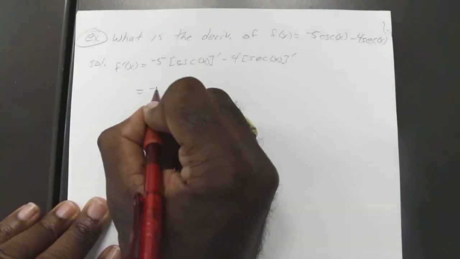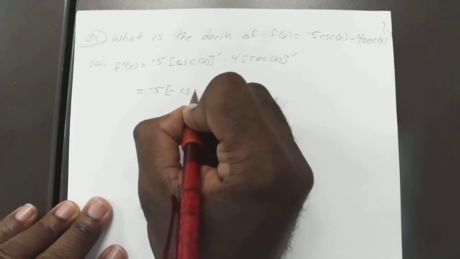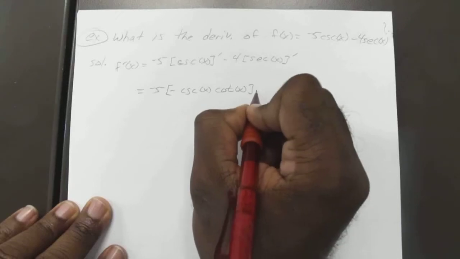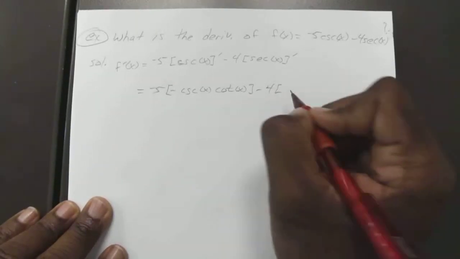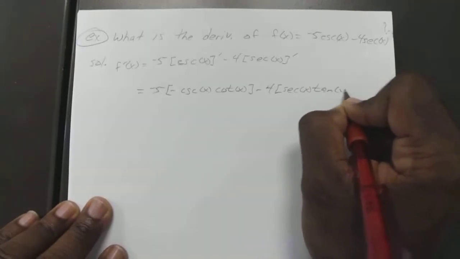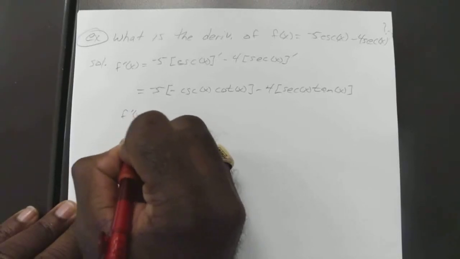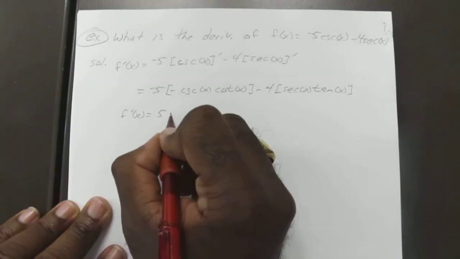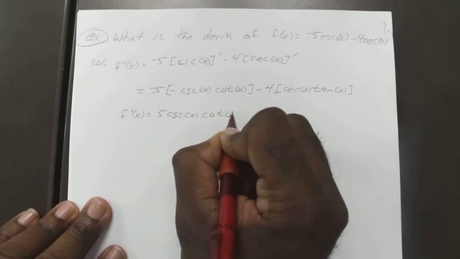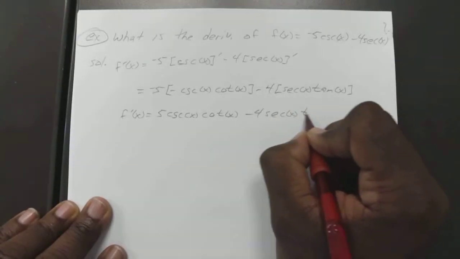So that's -5 times negative cosecant cotangent, minus 4 times secant of x tangent of x. Negative and negative is positive, so f prime of x is equal to 5 cosecant cotangent minus 4 secant times tangent.